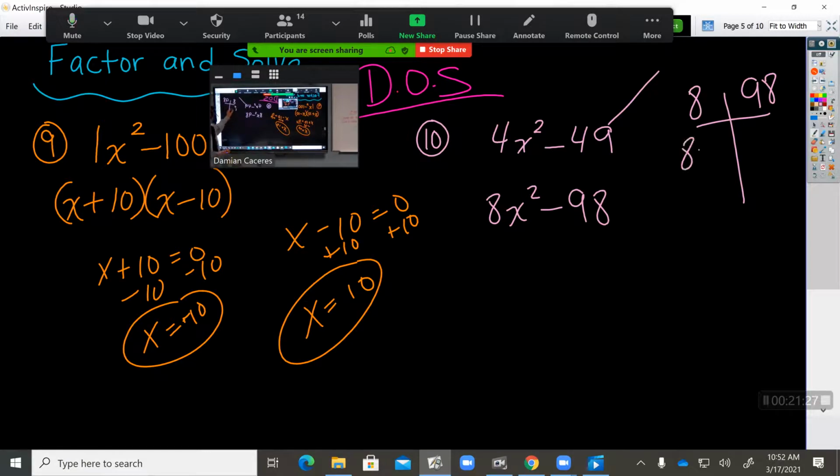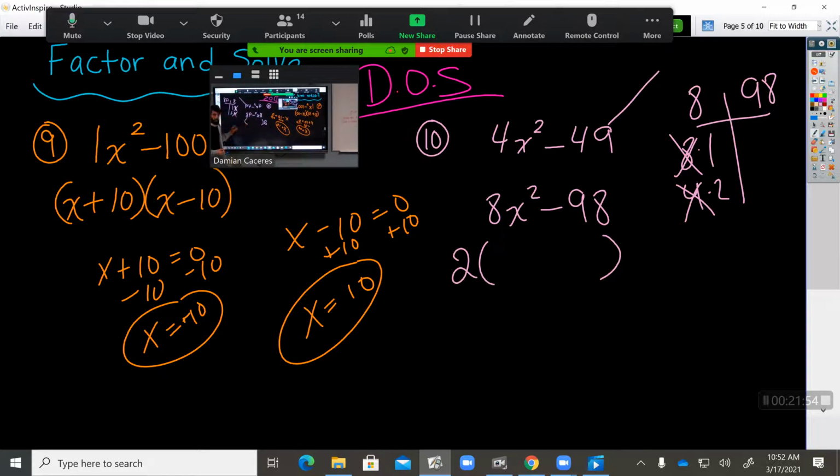What times what is 8? 8 times 1 and 4 times 2. You start with the biggest factor. Can 8 go into 98? No, it gives you a decimal. So 8 is not going to work. Can 4 go into 98? No, it gives you a decimal. So the only number that it can possibly be is 2. So you factor out the 2.